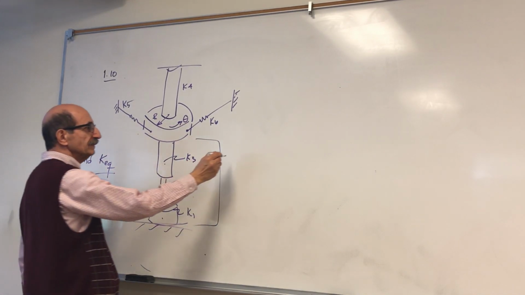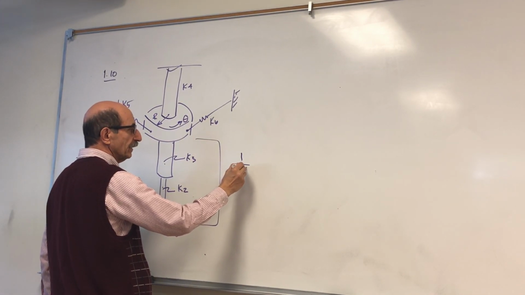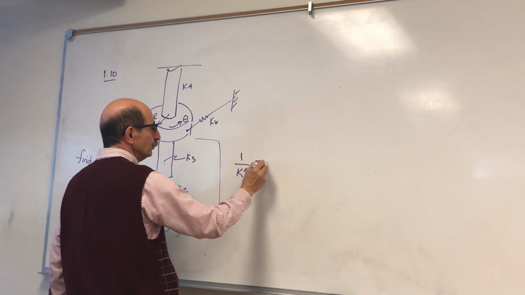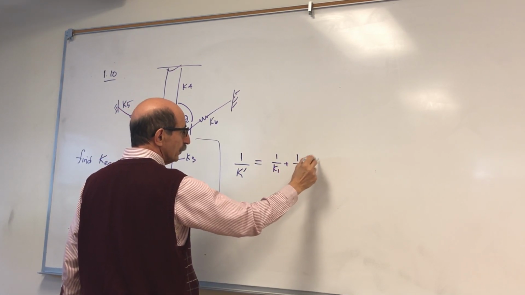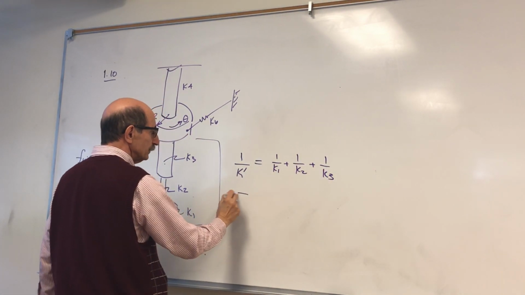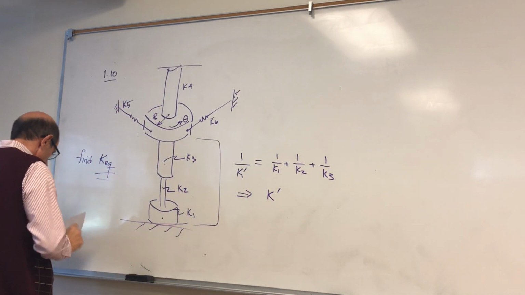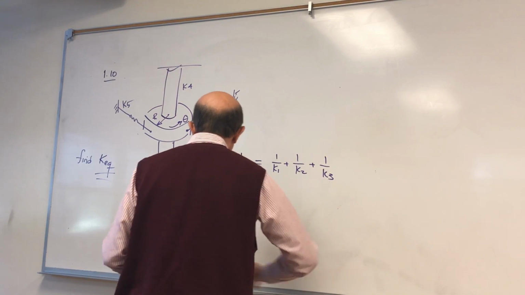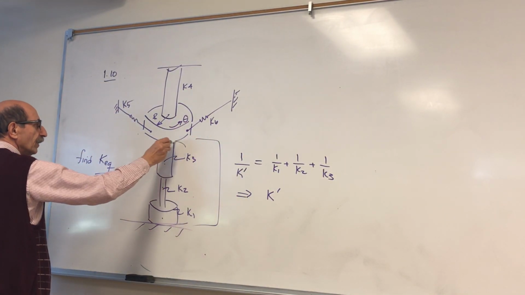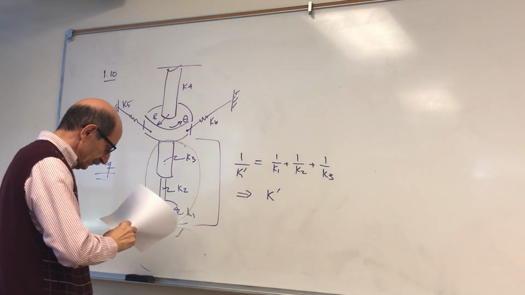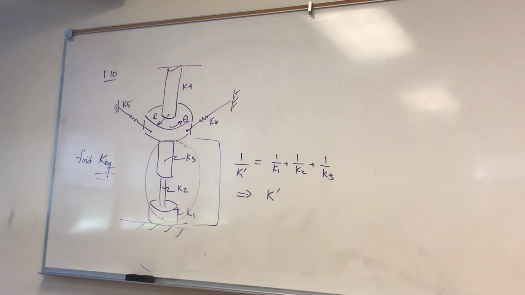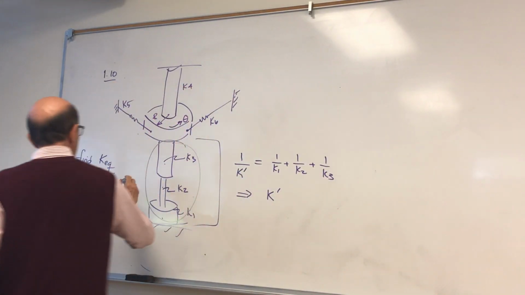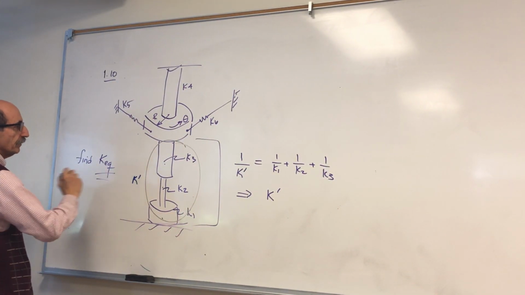So the equivalent stiffness, if I call that K prime, for these three would be what? 1 over K1 plus 1 over K2 plus 1 over K3. So that you can find K prime, and therefore you can replace this now with just one shaft. So this would be now K prime.